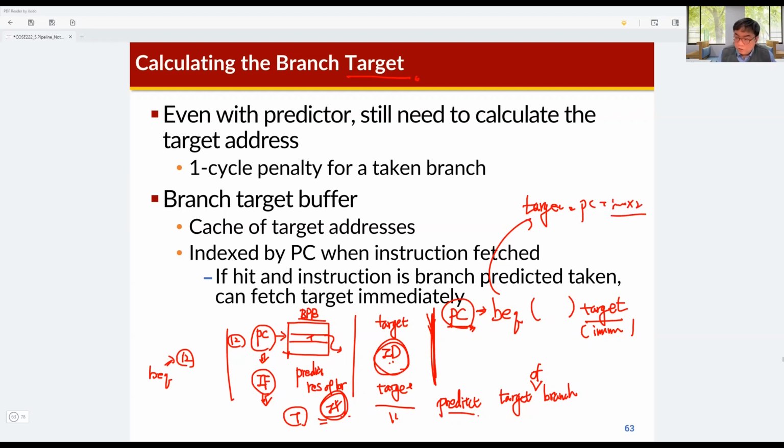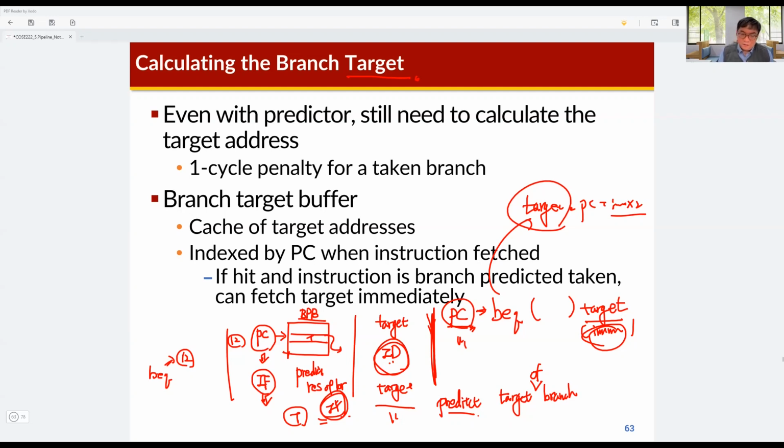The immediate value does not change, right? The PC is the identical value for this branch instruction. So the target is also constant for a certain branch instruction. Do you understand?